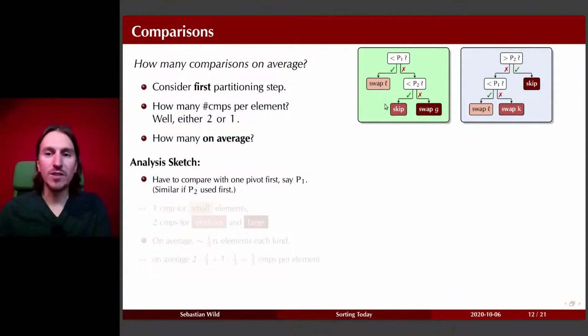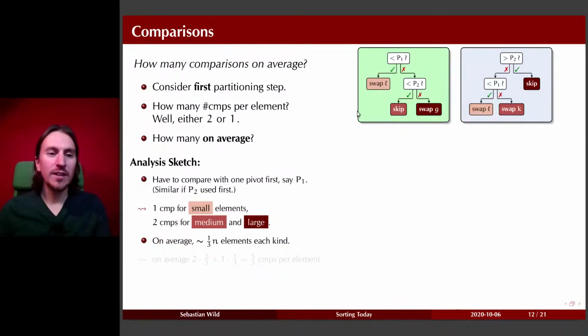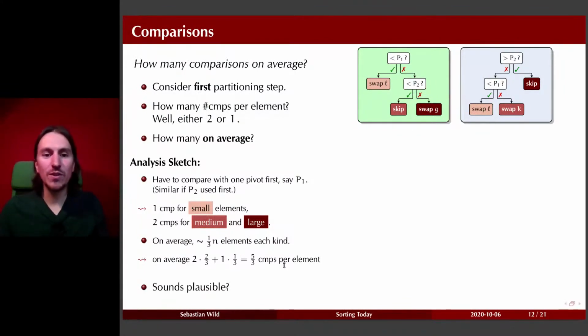We have to be in one of those boxes, so we might as well take the green one, compare with the small one first, and if we have to, also with the second pivot. So 1 for small, 2 for the rest. And if you assume that everything's equally likely, and that's actually fine to assume if you randomize, we would expect the same number of small, medium, and large elements in total. So that's a third each, which means that averages to 5/3 comparisons per element.